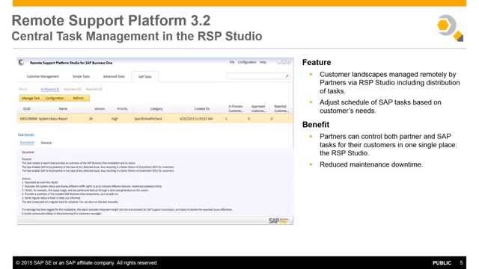These features were formerly available through the RSP Remote Console application, which will soon be retired. So now partners can control both partner and SAP tasks for their customers in one single place, the Remote Support Platform Studio, and ultimately reduce maintenance downtime.